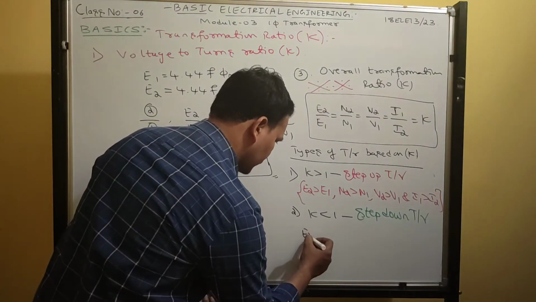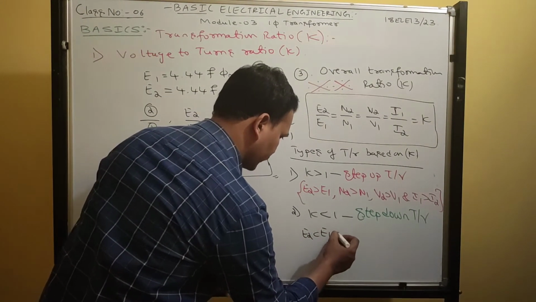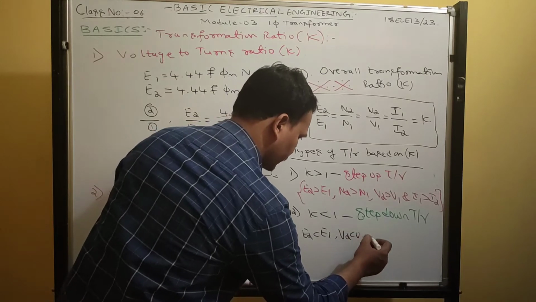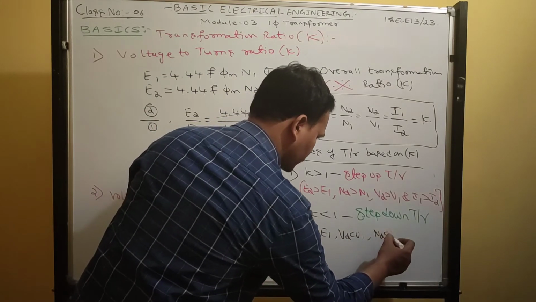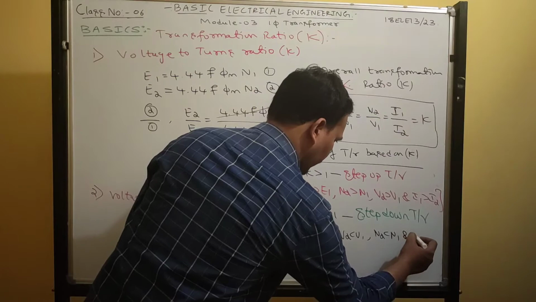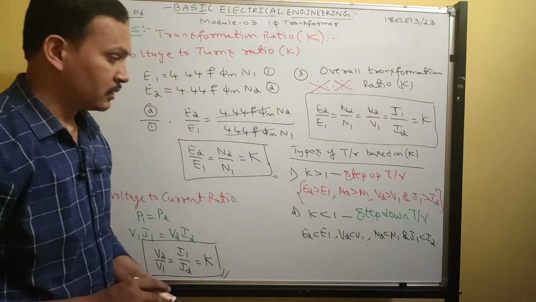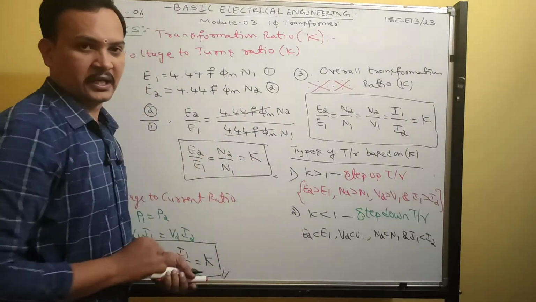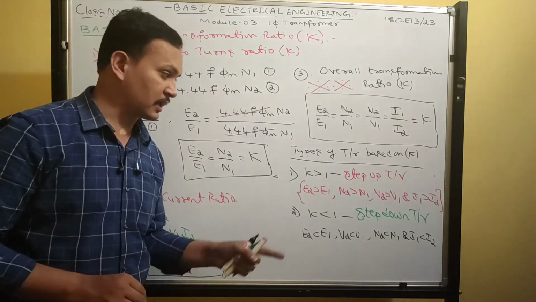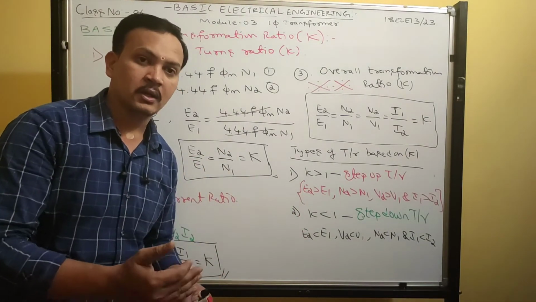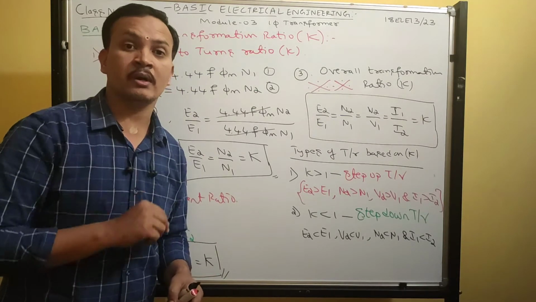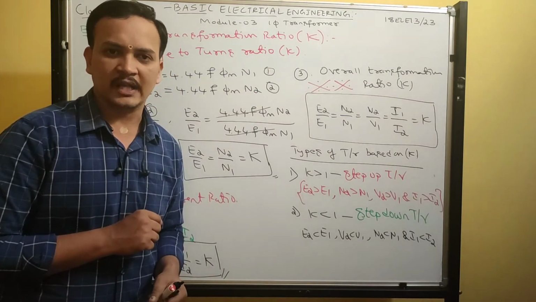Therefore, the conditions are E2 should be lesser than E1, V2 should be lesser than V1, N2 should be lesser than N1, and finally the primary current should be lesser than the secondary current. If these conditions are satisfied, then we can predict K value lesser than 1. If that happens, then the transformer is called a step down transformer.